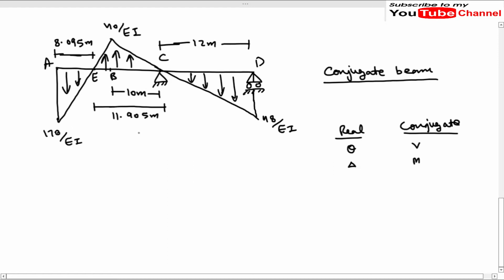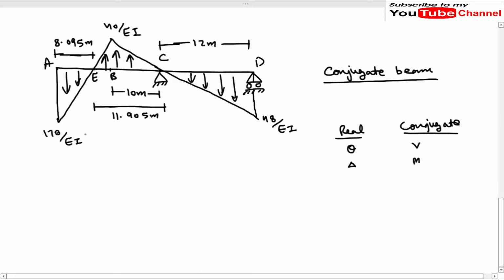In the question we have been asked to find the slope and deflection at the internal hinge, and we know that to find the slope at any point in the real beam we have to find the shear force in the conjugate beam at that point, and we have to find the bending moment for finding the deflection at any point in the real beam.